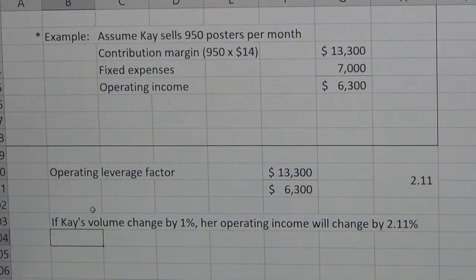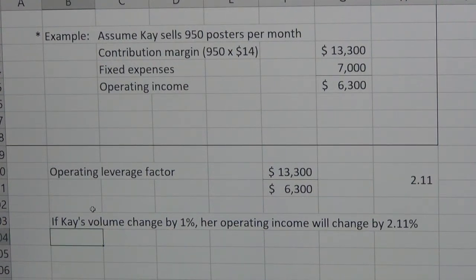And that may be up or down. So if sales go up by 1%, then her operating income is going to increase by 2.11%. If sales go down, her operating income is going to be down 2.11%.